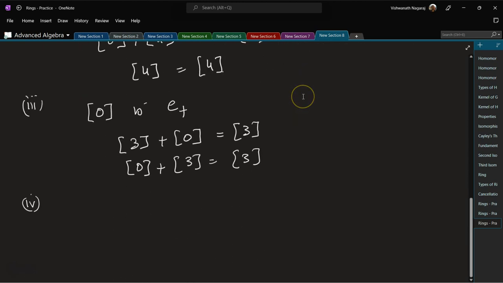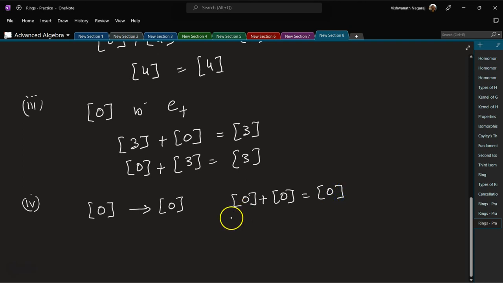Now additive inverse. So what will be the additive inverse of 0? It's 0, since 0 plus 0 is equal to 0. Remember, when we add an element and its inverse, we should get the identity, that is 0.